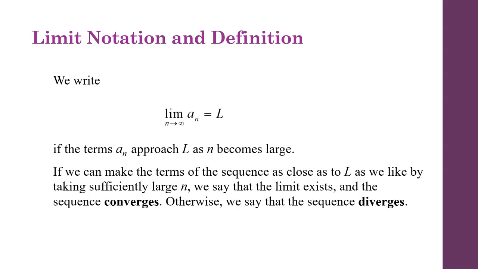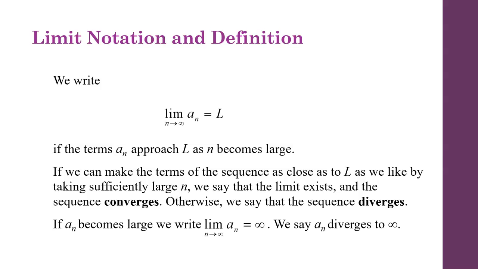So if we go far enough into our sequence, we can get as close to the value L as we would like. And if that limit exists, if we can do that, we say our sequence converges. And if we cannot do that, we cannot get arbitrarily close to a value L, we say the sequence diverges.